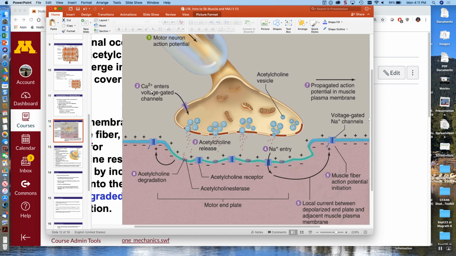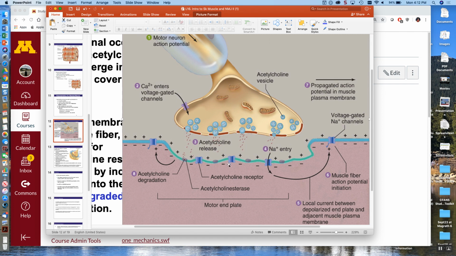Calcium floods into the axon terminal end. It promotes vesicle fusion. Remember these vesicles, like our game today, they're housing a lot of acetylcholine inside. That's the neurotransmitter that's important here. The vesicles fuse with the plasma membrane, and acetylcholine is released into the synaptic cleft.